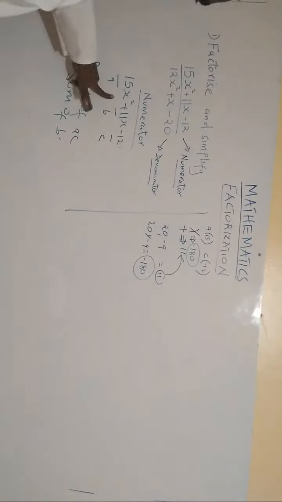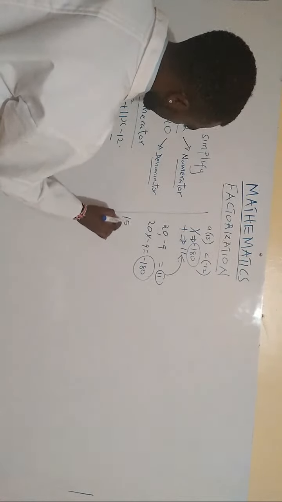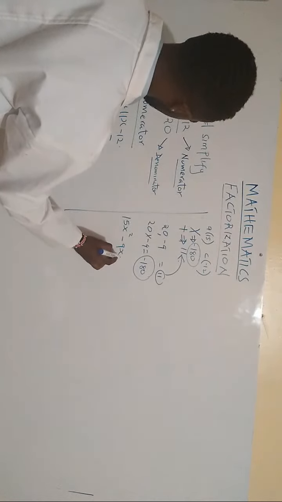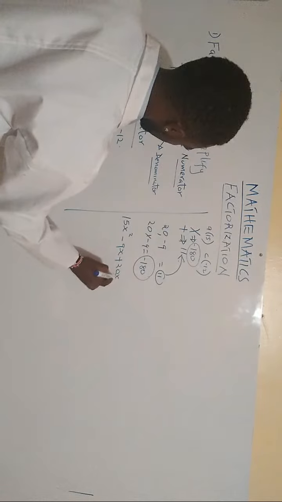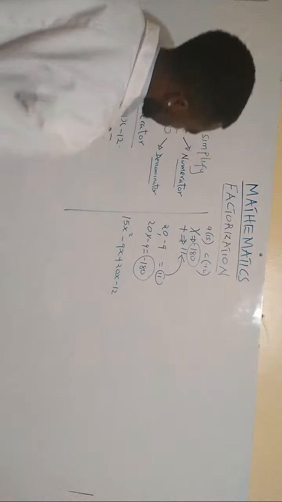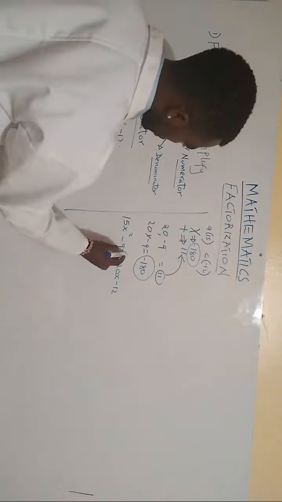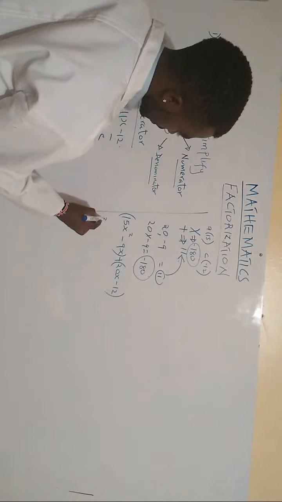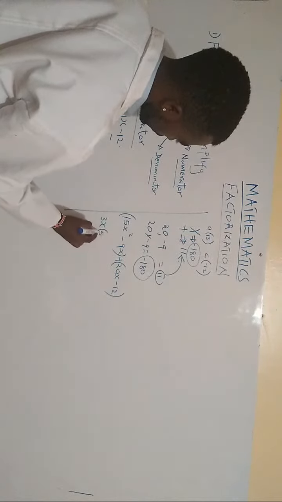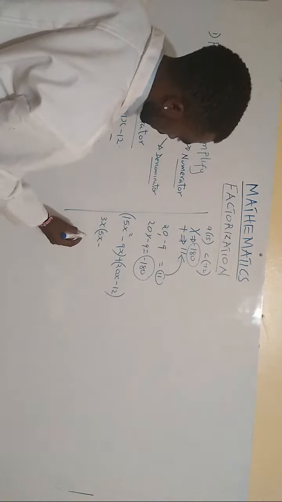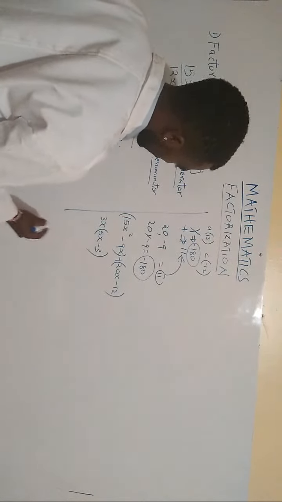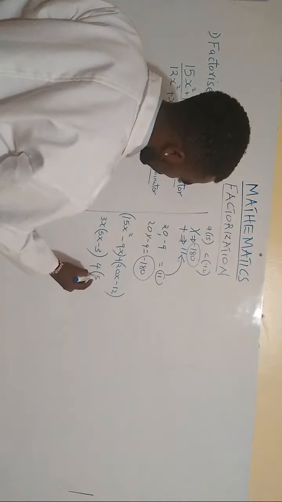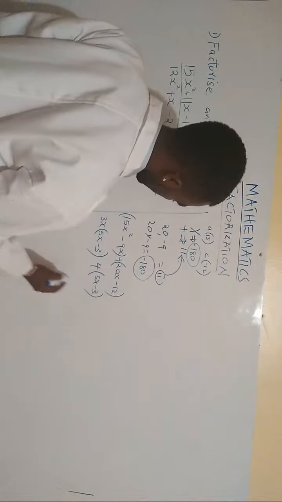In this case we can say it is 15x squared minus 9x plus 20x minus 12. You can group this one together and that together as well. Then you can factor out 3x into 5x minus 3, and factor out 4 into 5x minus 3.